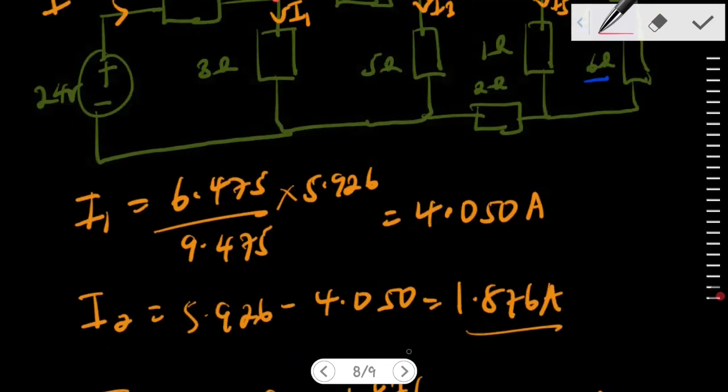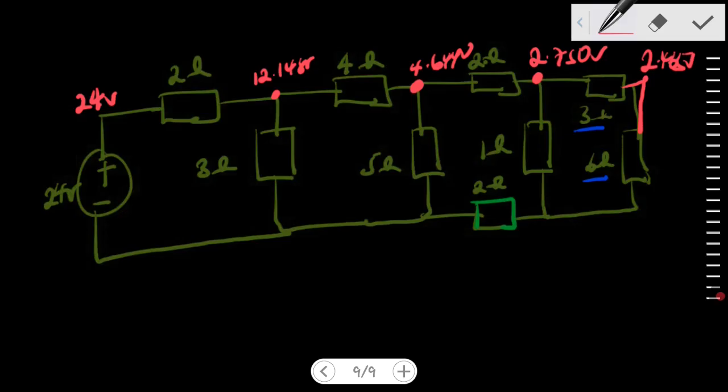Now 2.465 minus 0.57 gives us 1.895 volts, right?